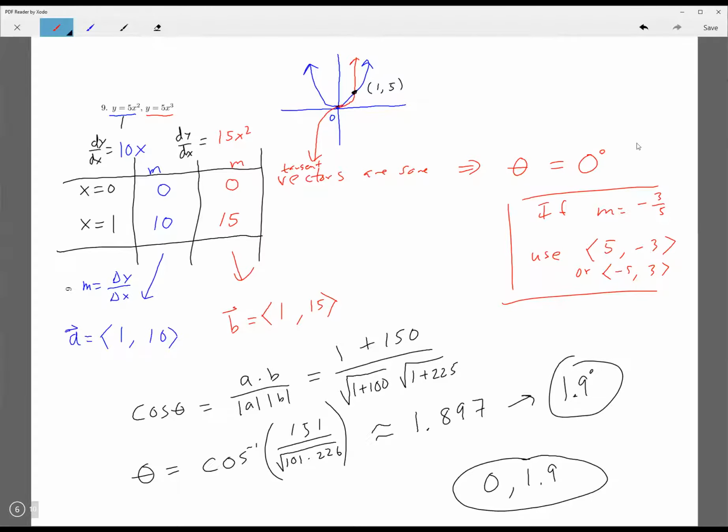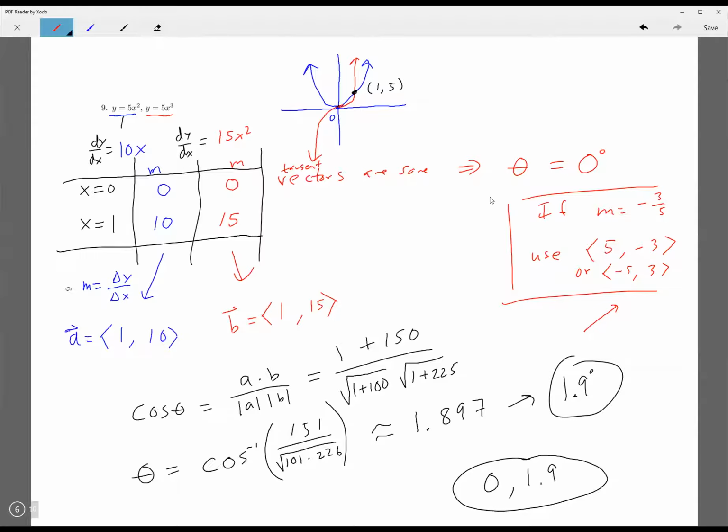The other thing you have to worry about is, if this is one of your lines, you get two vectors from that line: one pointing in that direction, another pointing in the opposite direction.